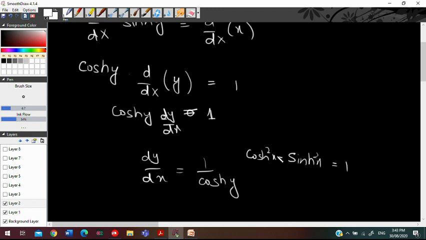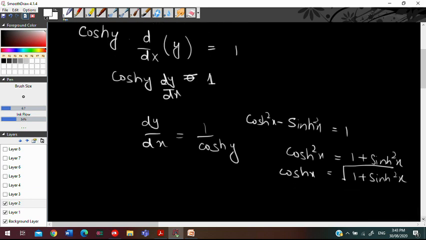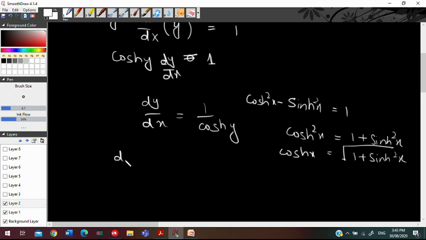In the hyperbolic case, we have 1 over here, with a minus. So cos hyperbolic square of x is equal to 1 plus sine hyperbolic square of x, and when we take the square root for finding the value of cos hyperbolic of x, I have the square root of 1 plus sine hyperbolic square of x. So I can write here dy by dx is equal to 1 divided by the square root of 1 plus sine hyperbolic square of x, right?